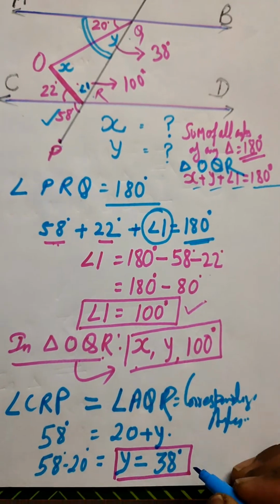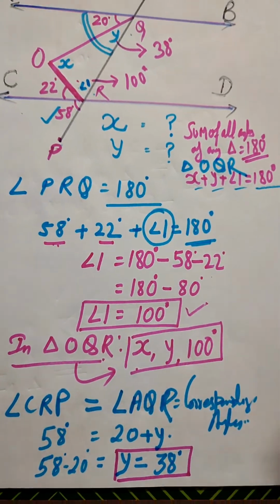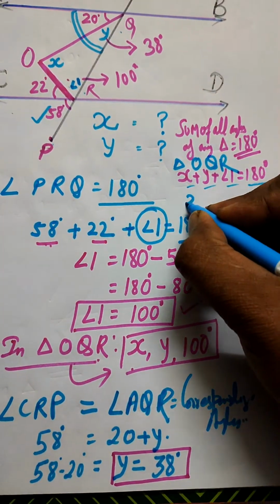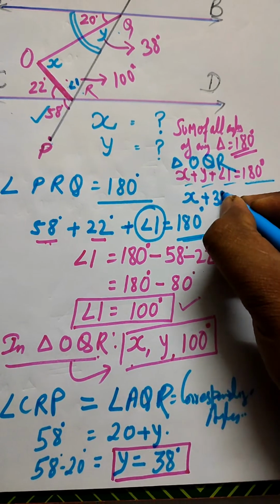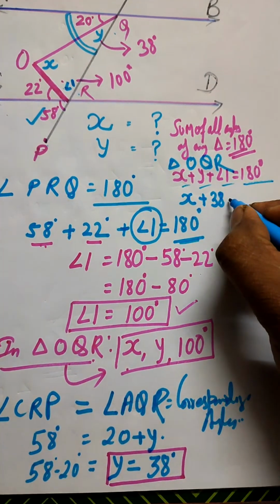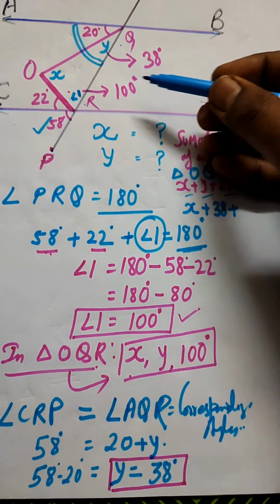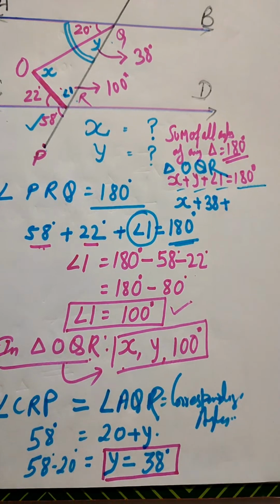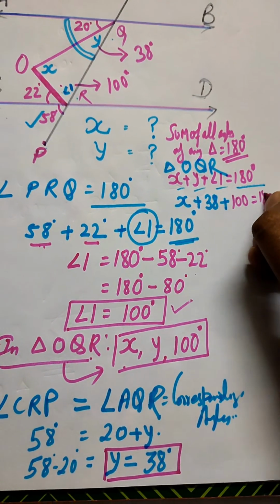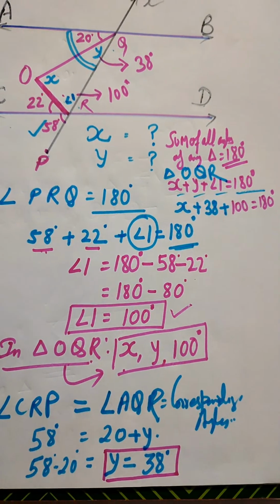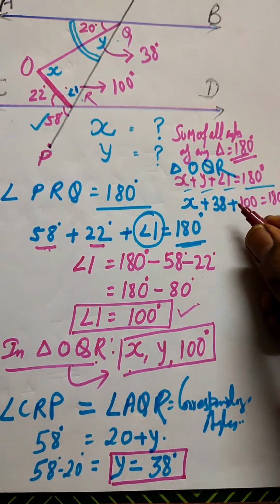Now we know the value of y. The value of y is 38. So leaving x as a variable, put in the value of y as 38, and angle 1 we have already calculated as 100. So put in this value of 100 over here, and it is equal to 180 degrees because this is the sum of all angles of a triangle.